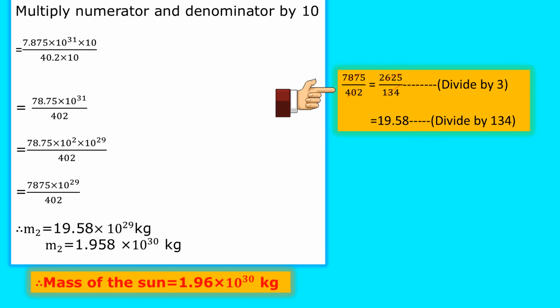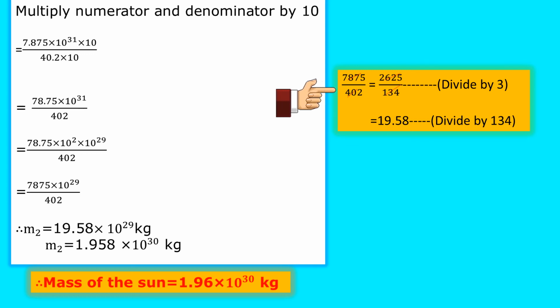Now we have to multiply numerator and denominator by 10. After multiplying, we will get 7.875 into 10 raised to 31 into 10 upon 40.2 into 10. So there will be 78.75 into 10 raised to 31 upon 402, meaning the denominator's decimal point will go. Now we have to remove the numerator's decimal point also.